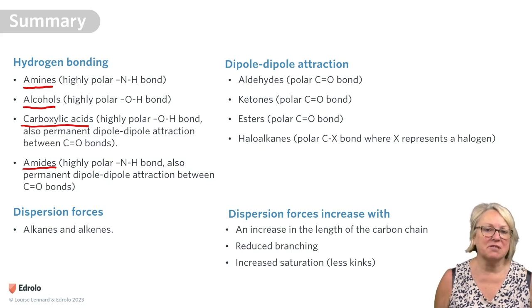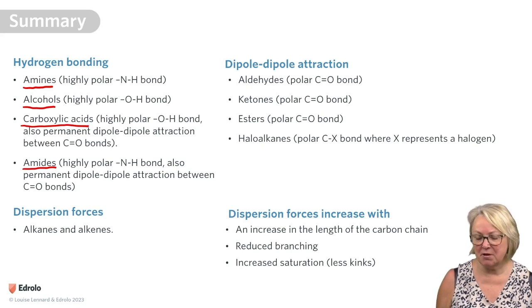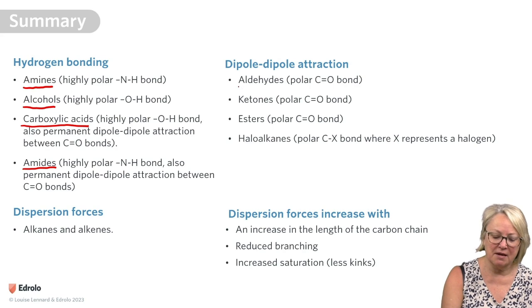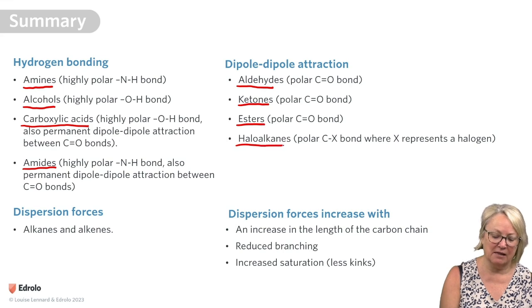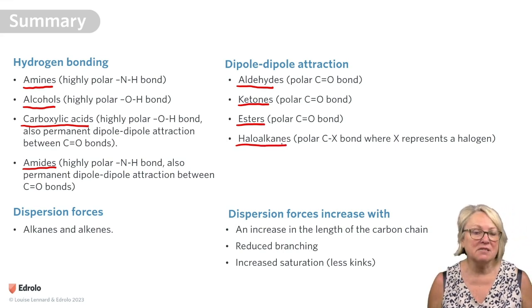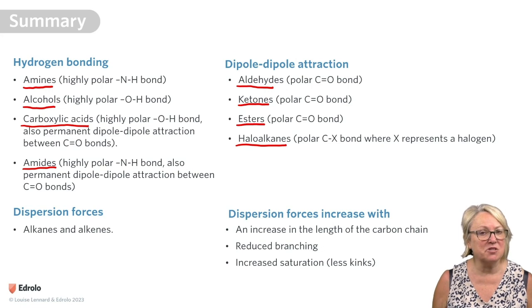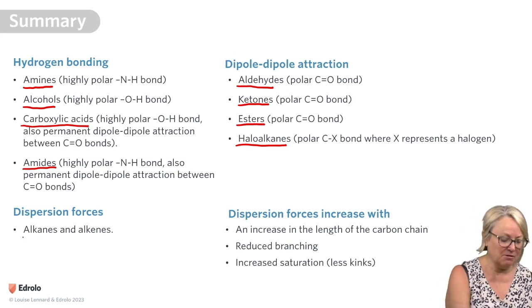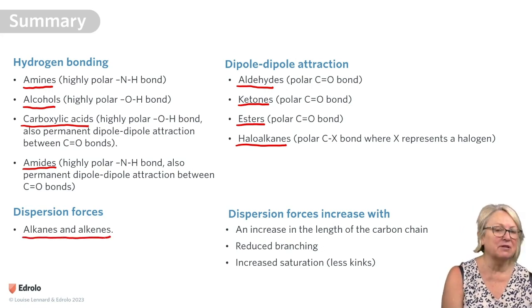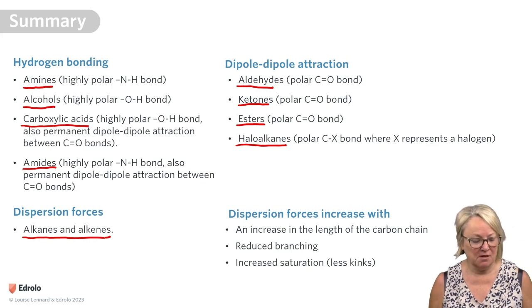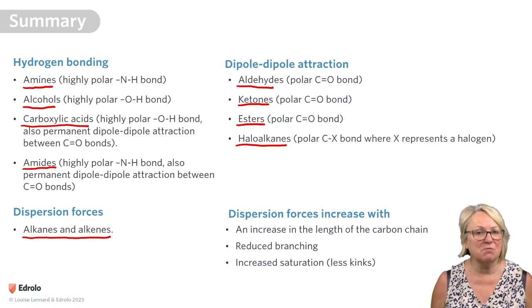The next strongest type of intermolecular force is dipole-dipole attraction, and that occurs between adjacent aldehydes, ketones, esters, and haloalkanes. The weakest type of intermolecular force are dispersion forces. In alkanes and alkenes, the only type of intermolecular force between adjacent molecules is dispersion forces.